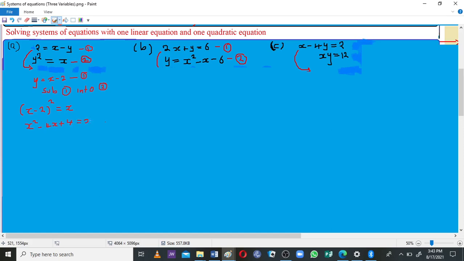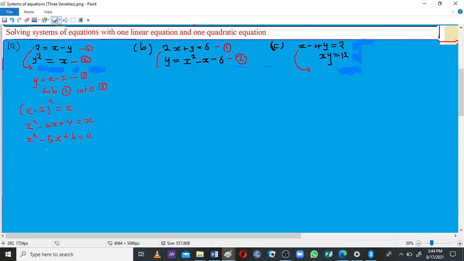Again, you can collect the like terms here, and you are going to have x squared minus 5x plus 4 is equal to 0. If you factorize, I assume you know how to factorize here.